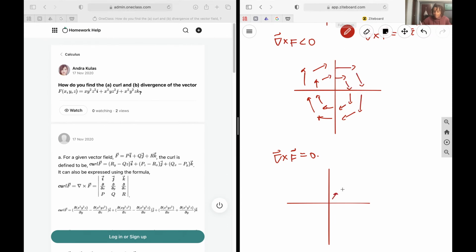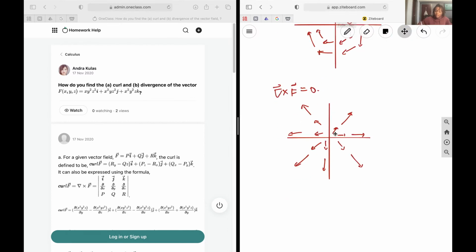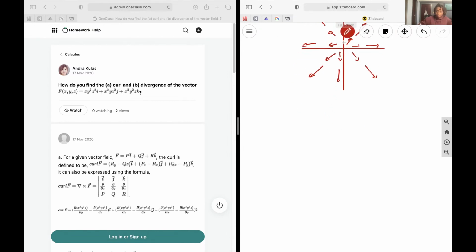So you can have, let's say it's pointing out. So for this vector field, if you calculated the curl, you'll get a curl of 0. And so now let's calculate the curl of our vector field specifically.